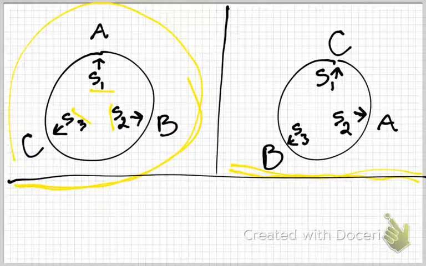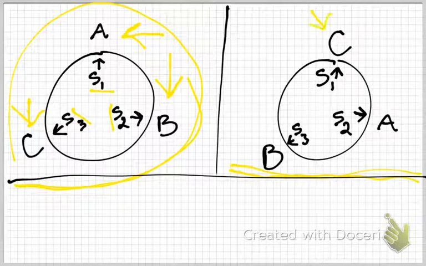So on the left, I got one arrangement in which person A is in seat 1, person B is in seat 2, and person C is in seat 3. Whereas over here on the right, person C is in seat 1, person A is in seat 2, and person B is in seat 3.